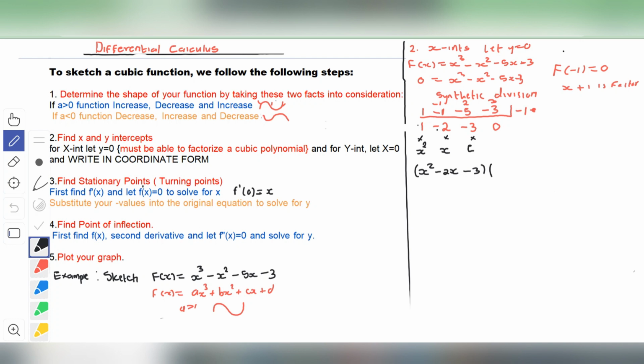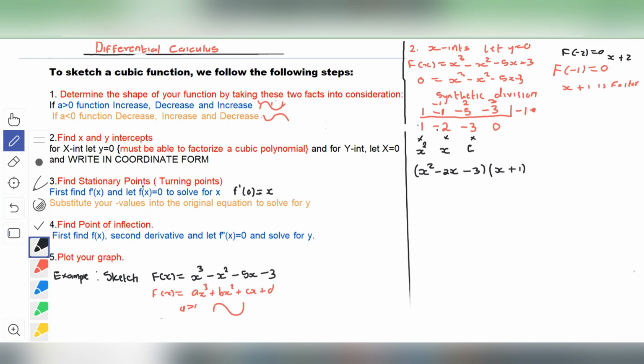If it was, let's say, f of -2 equal to 0, then our x plus 2 would be a factor, right? So what is the factor here? We saw that f of -1 is equal to 0, so our factor here is going to be x plus 1, right? So now we know how to solve this.